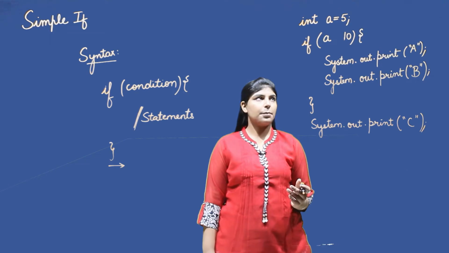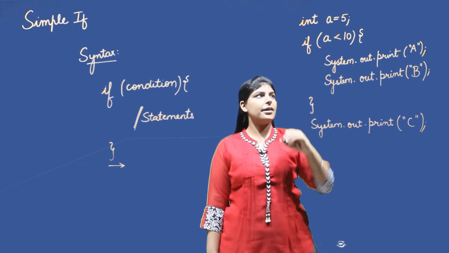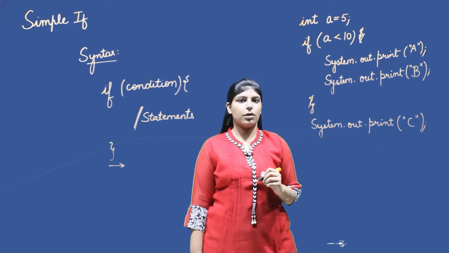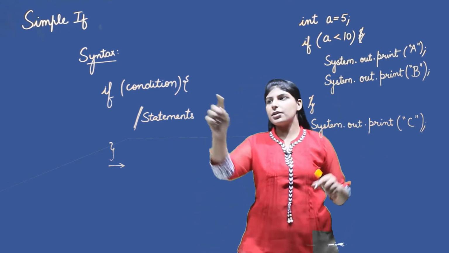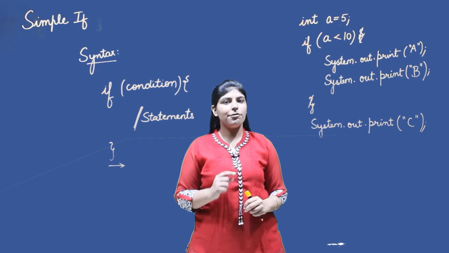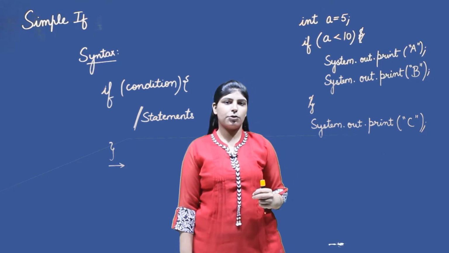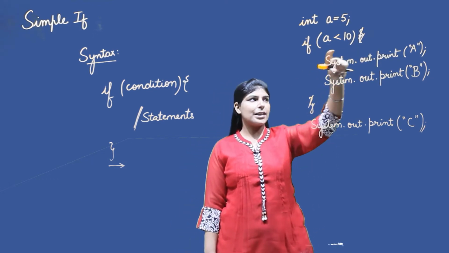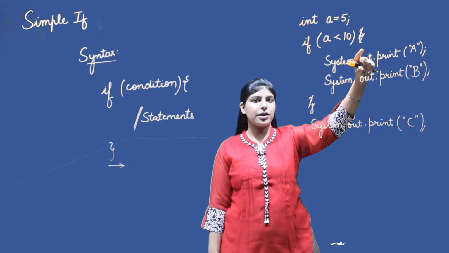Let's see another example. Suppose I have a less than 10 here and I do not have these curly brackets for denoting if block. In this case, when we do not have the curly brackets which mark the start and end of the if block, only one statement is considered to be part of the if block. If I do not have these brackets, only the next statement after if is considered part of the if block.